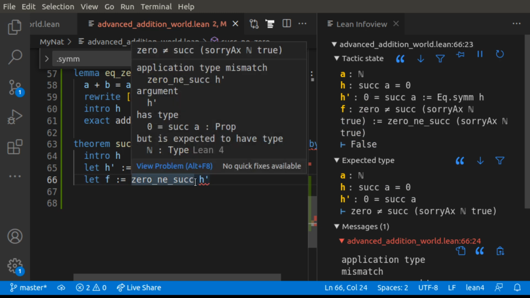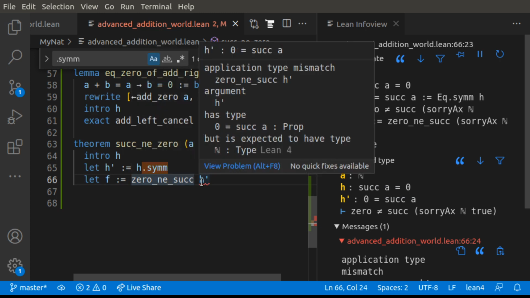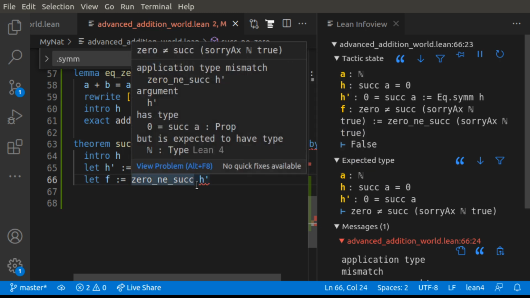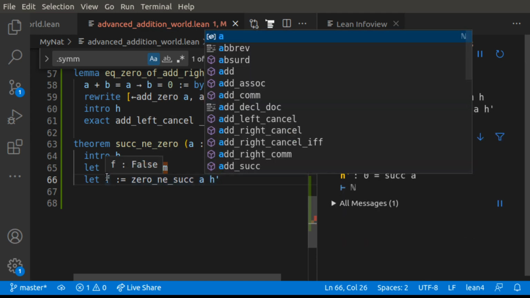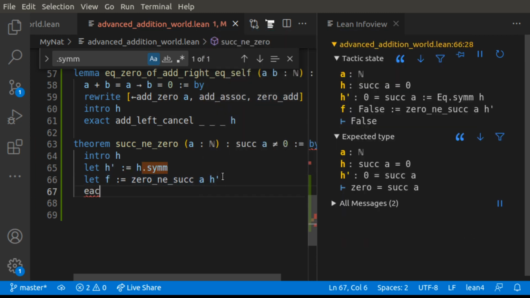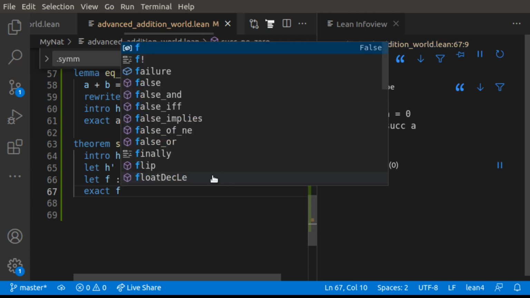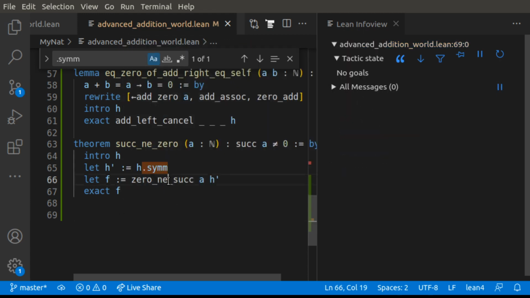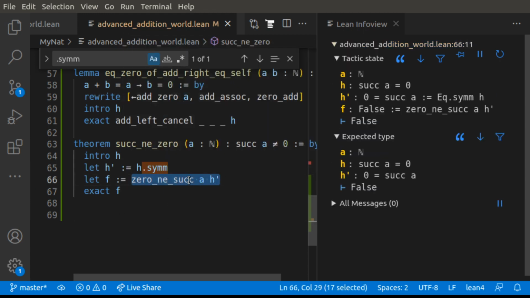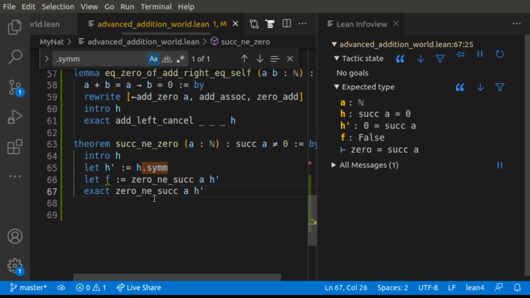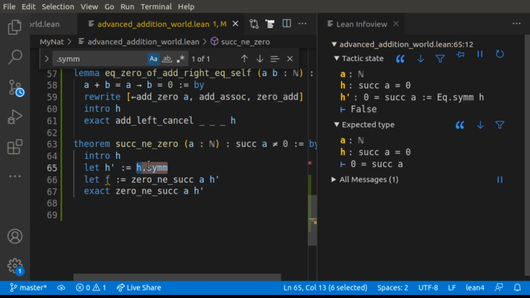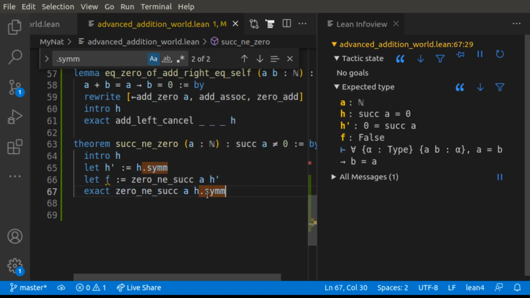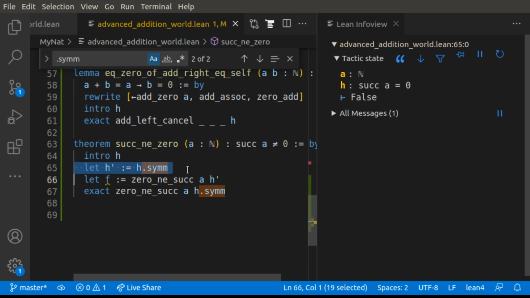Oh, so this complains that it doesn't know what this a thing is. So I think we could do a here like this. Then f is false and exact false. Or we could skip this middleman, and we can even skip this middleman, so we could just do this.